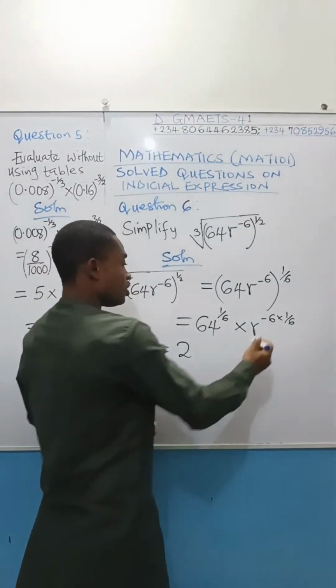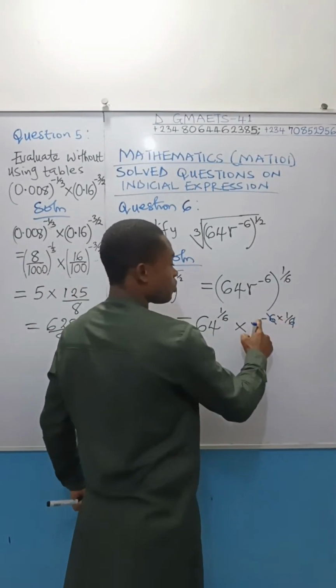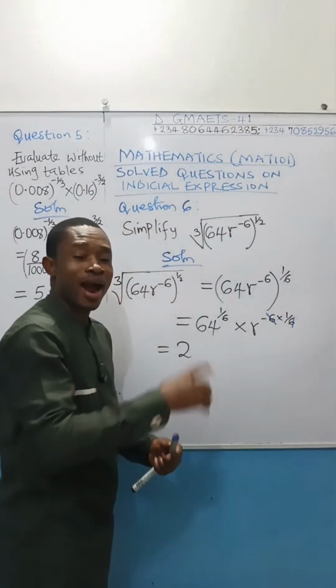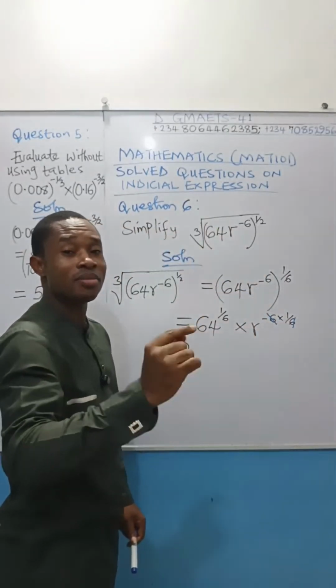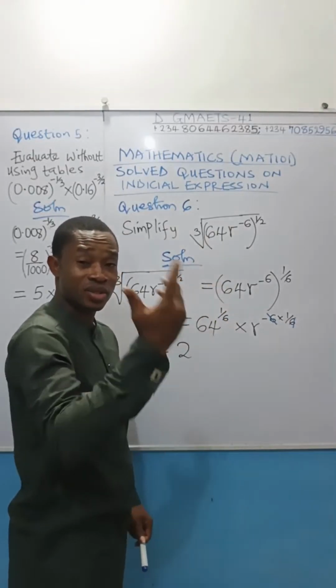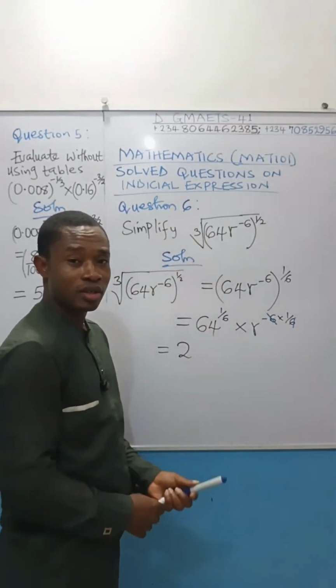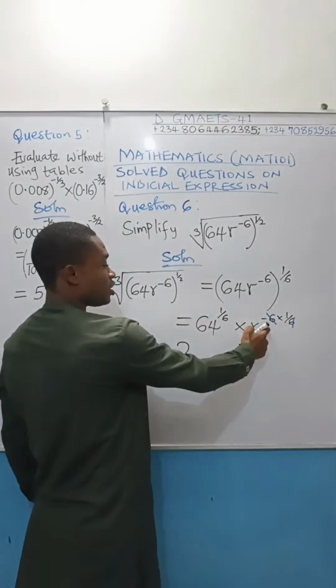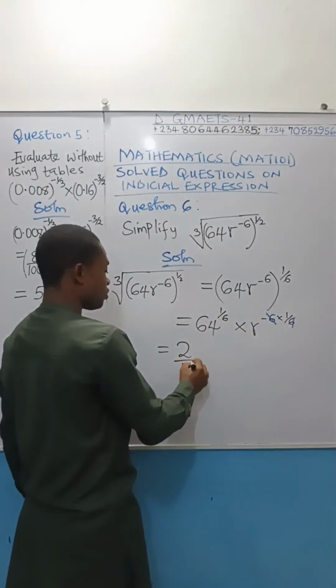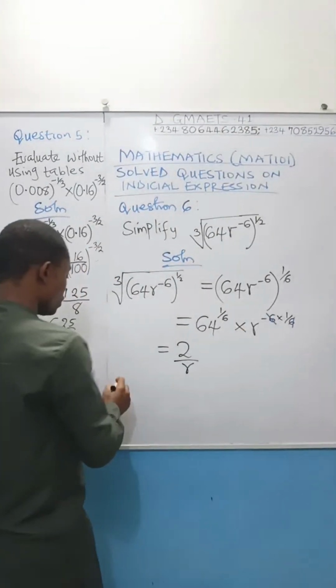Then if you come over to this, you know that this 6 and this 6 we cancel. This will be r raised to power minus 1. And r raised to power minus 1 is the same as the inverse, because for a negative index, you take the inverse, 1 over. So this thing is 1 over r if you simplify it. And of course, that's the result.